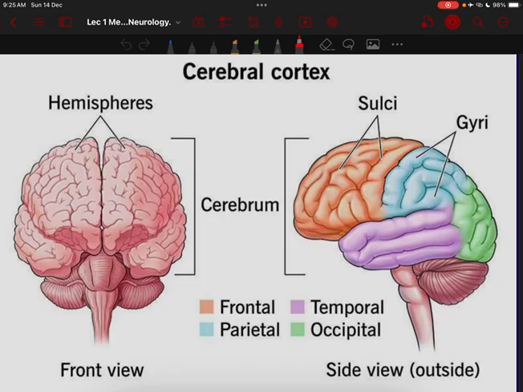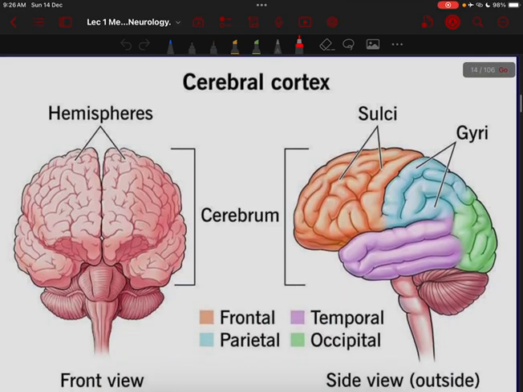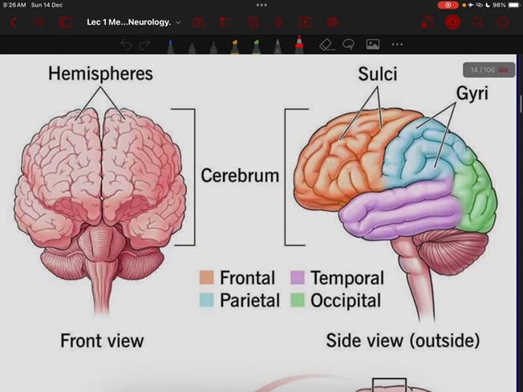Then we have the temporal and parietal. So 1, 2, 3, 4: frontal, occipital, parietal, and temporal. This is the cerebral cortex. This is the cerebellum. And this is the brain stem.